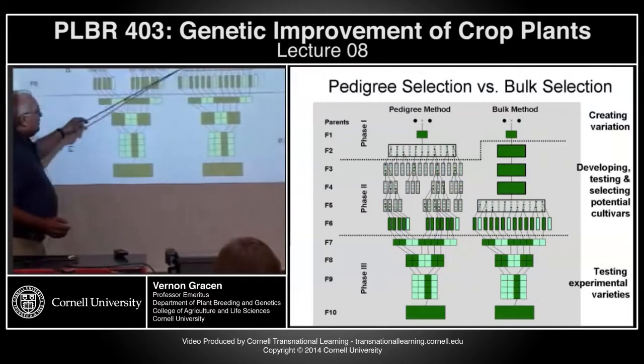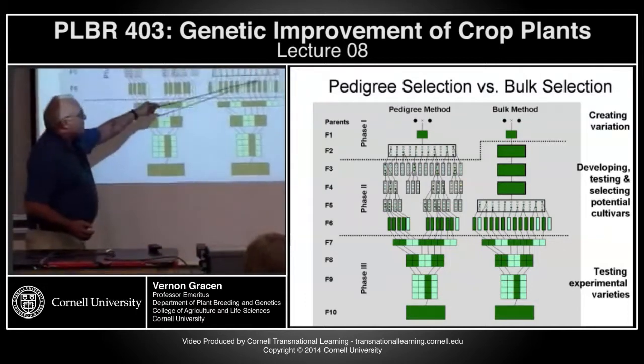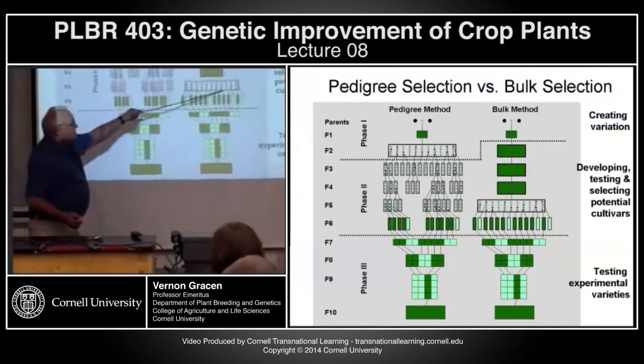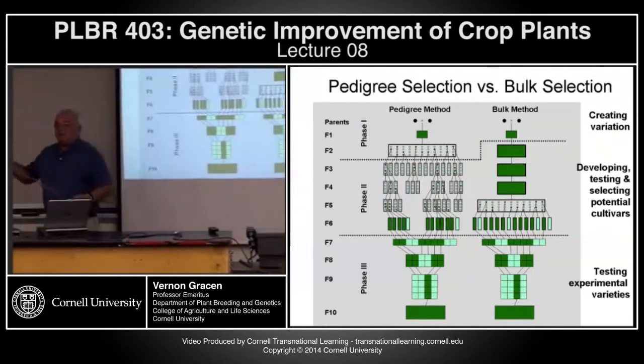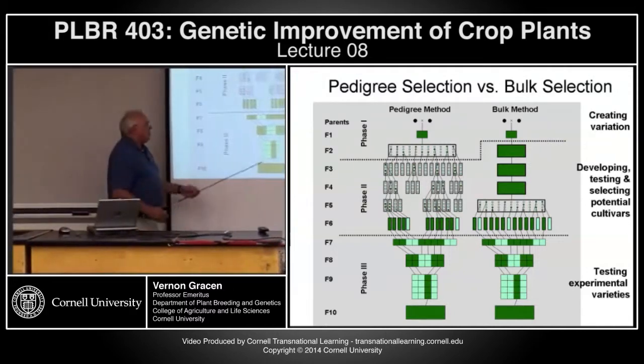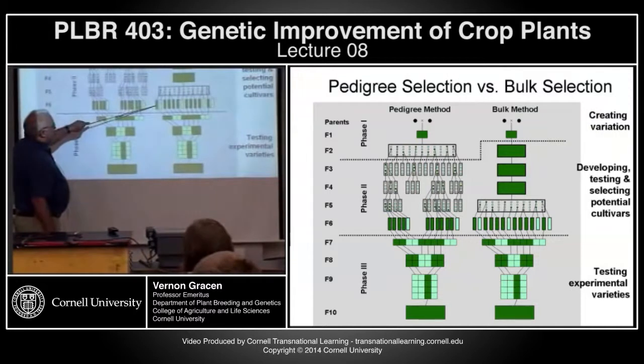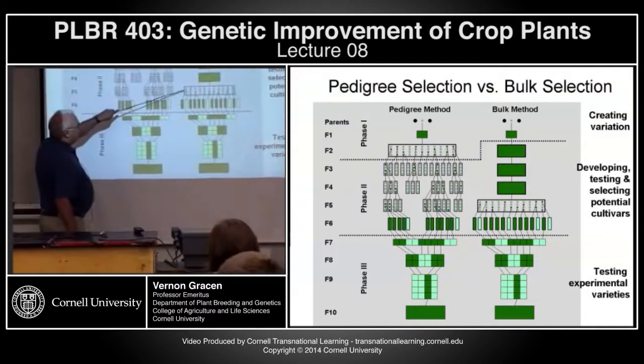Then you plant the plants out in what we call space plots, so you can look at and evaluate each individual plant, and you select the best plants, and from each plant, you plant one progeny row from the seed from each selected plant.